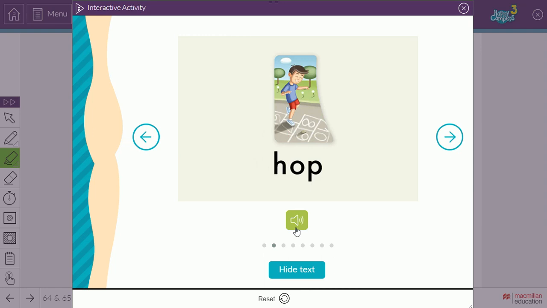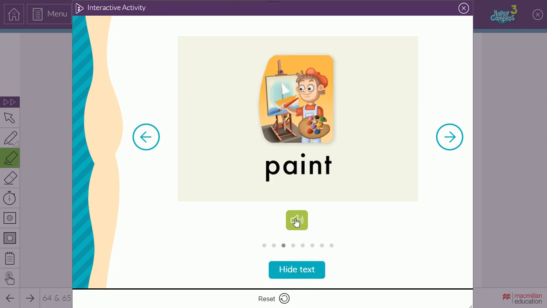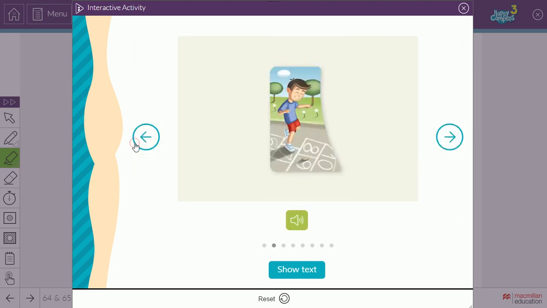It's like a jump. Yes, you see this boy here? He is jumping. Hop. And this boy here, what does he do? He is painting, or paint.